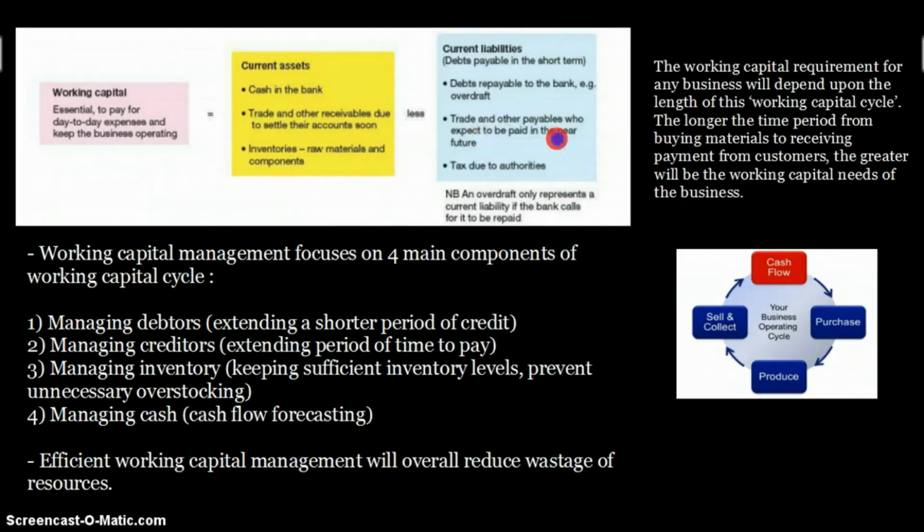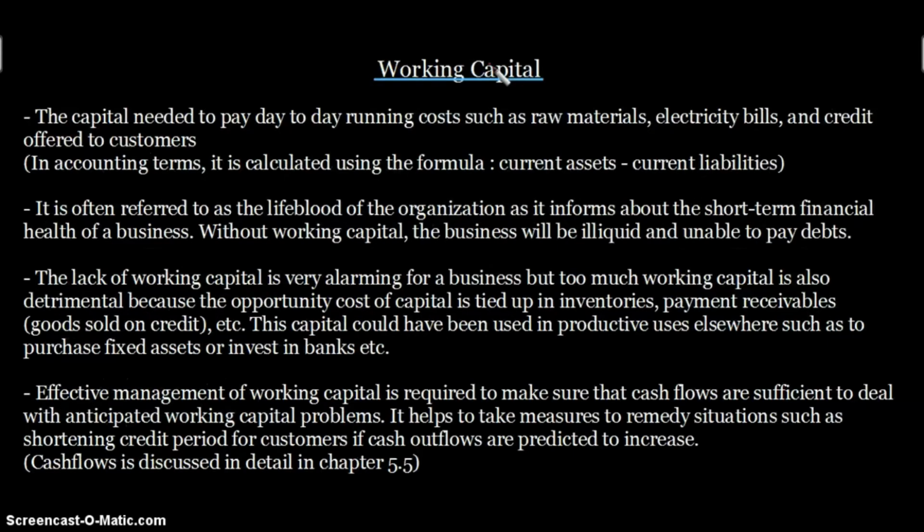Trade payables is what you have to pay, so that in one month you will pay the price to your suppliers. That is your trade payables. And inventories, of course, are raw materials and components, which are also part of current assets, and tax due to authorities is part of your current liabilities. So hopefully that clears the difference between your current assets, current liabilities and working capital.